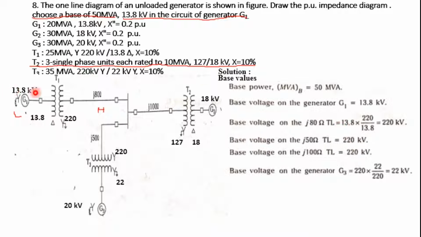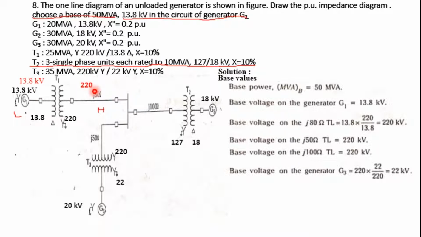So what happens? 13.8, and the ST rating of the transformer is 220 divided by the LT rating of the transformer, 13.8. These two will cancel, giving 220 kV. So what is the new value? The voltage on the generator side was 13.8 kV, and the new voltage on the transmission line is 220 kV. This is the new value.